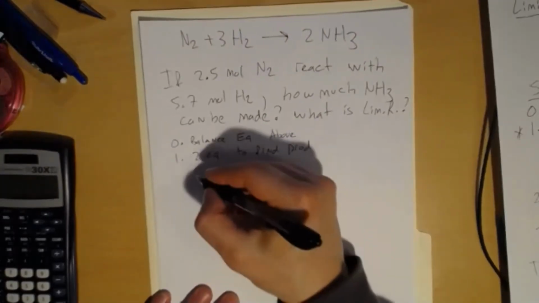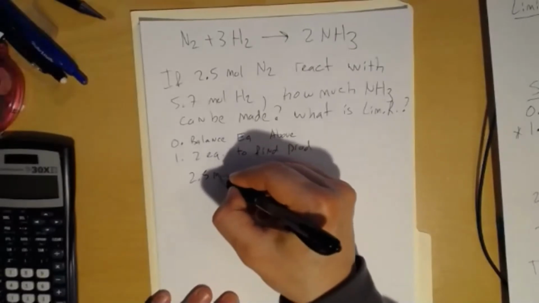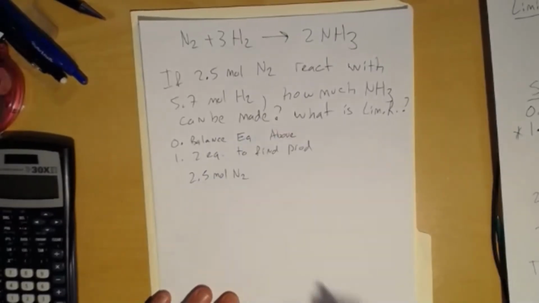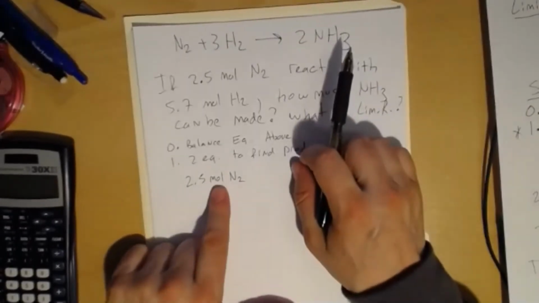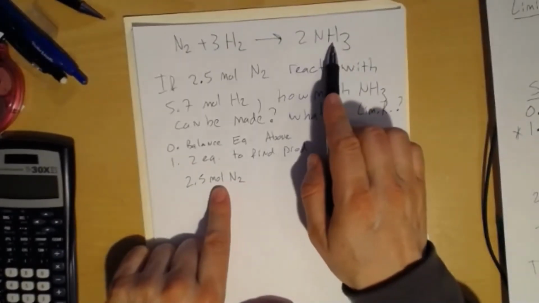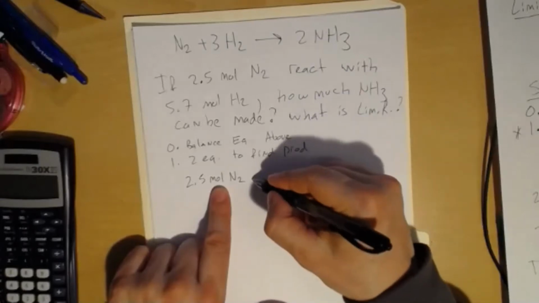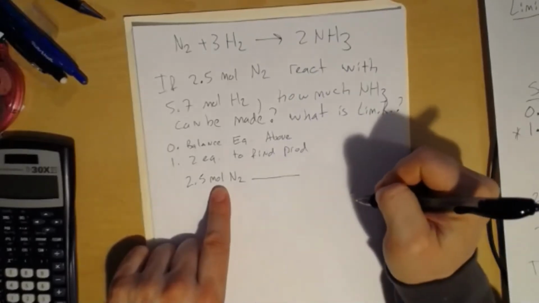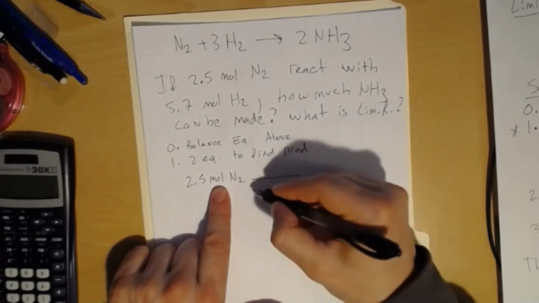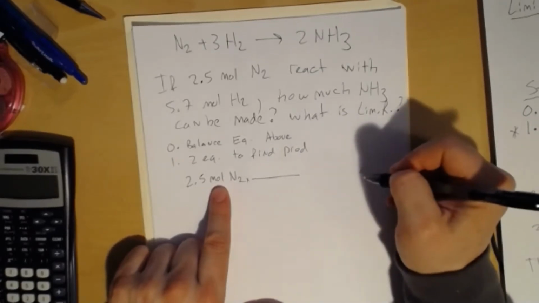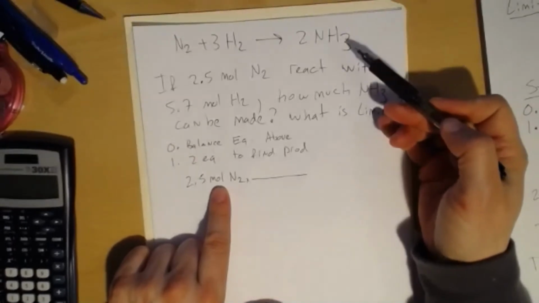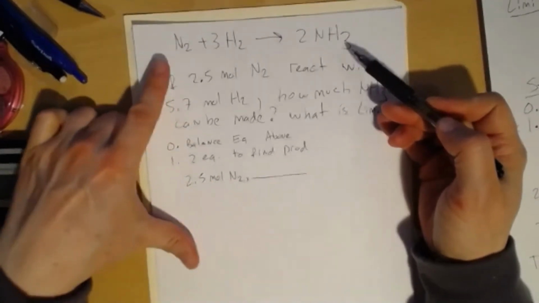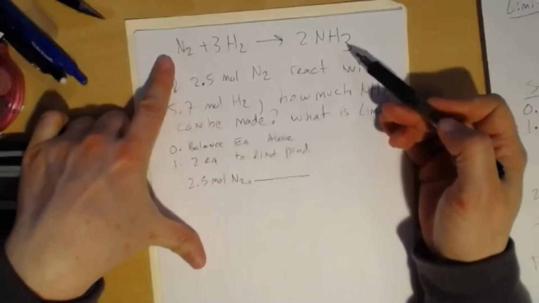I have 2.5 moles of nitrogen, and according to 2.5 moles of nitrogen, how much ammonia could be made? What's the mole ratio? What's the balanced equation tell me about the mole ratio between nitrogen and ammonia?